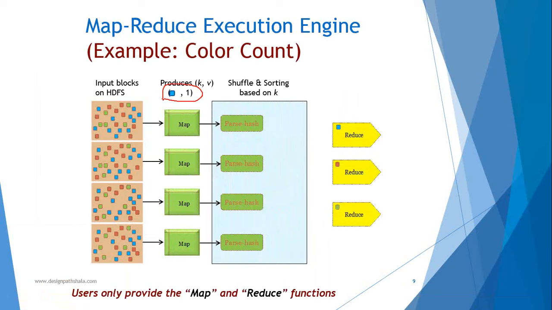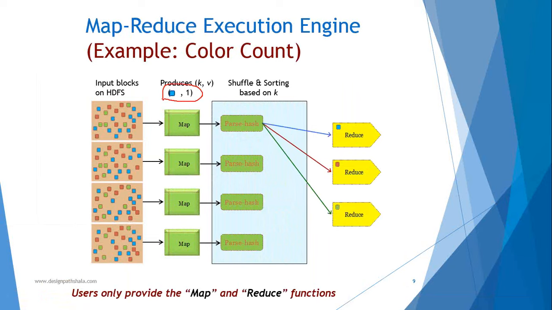In this magical phase, that data is merged together and reaches the intended reducers which are working on that key. In this example, I highlighted three reducers, but there could be different cases. I'll talk about that in the next few minutes. For timing, assume there are three reducers used in this program. The blue color reducer is working for the blue colors, the brown color reducer is working for the brown colors, the green color reducer is working for the green colors.